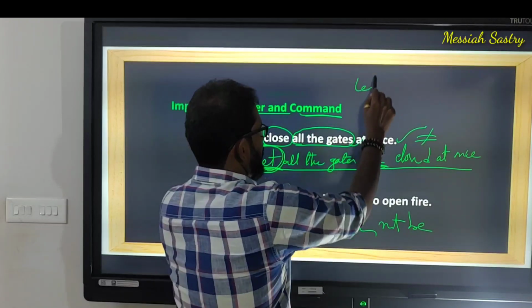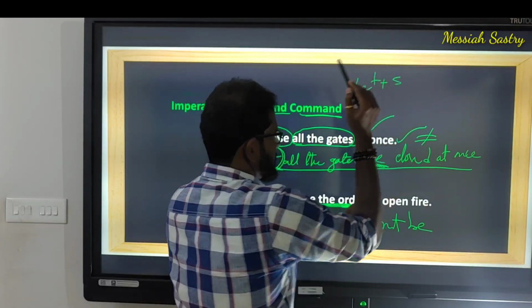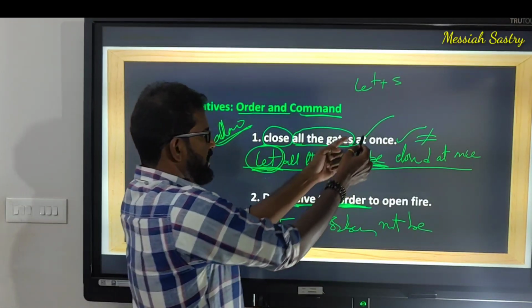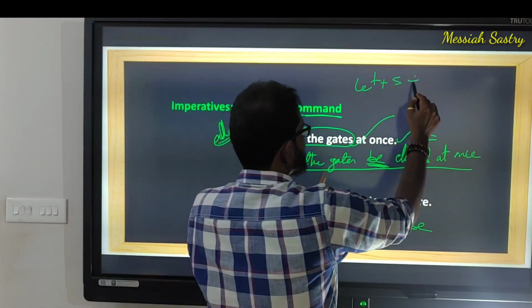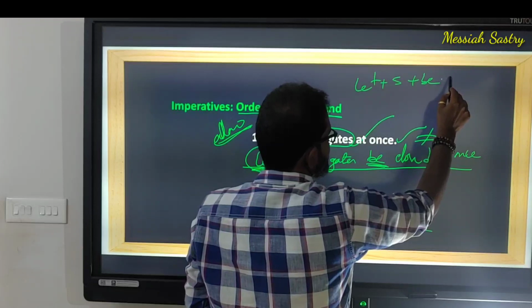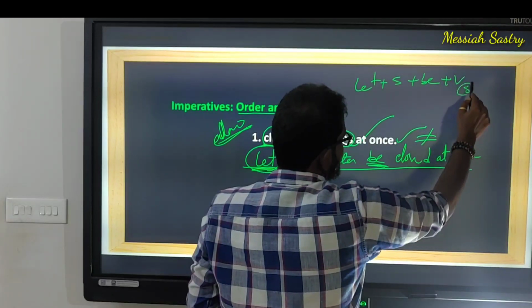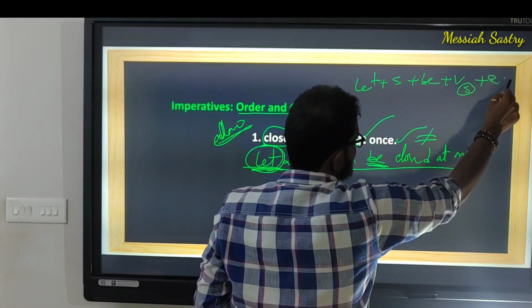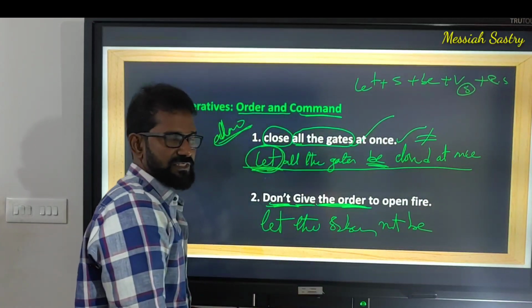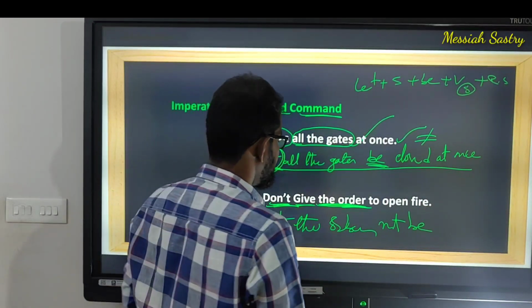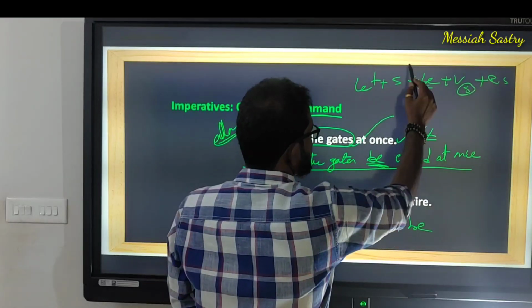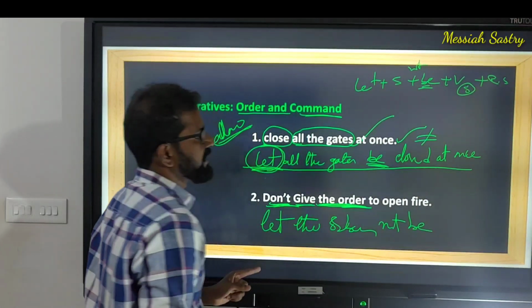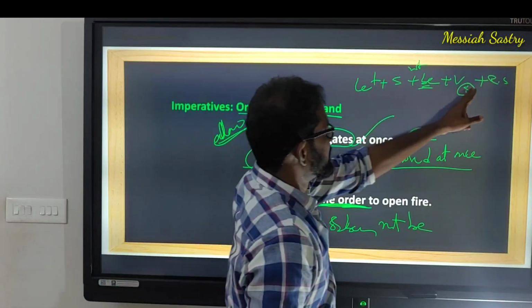So remember, let plus subject, which means the new subject, the object of the active voice becomes the new subject, plus be plus V3 and the remaining phrase or complement. When it comes to negative, same. Only thing is, before be use not. Let plus subject plus be plus V3.